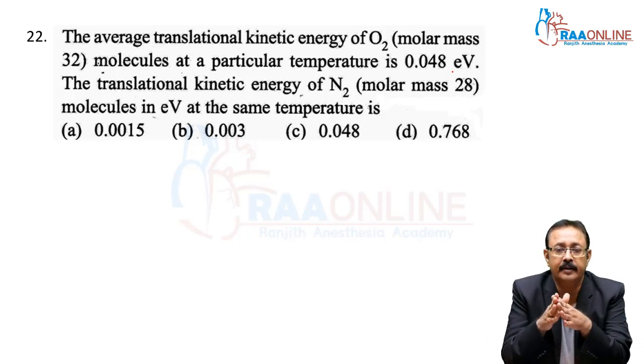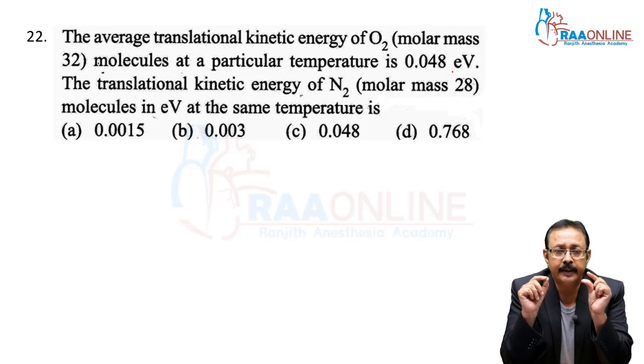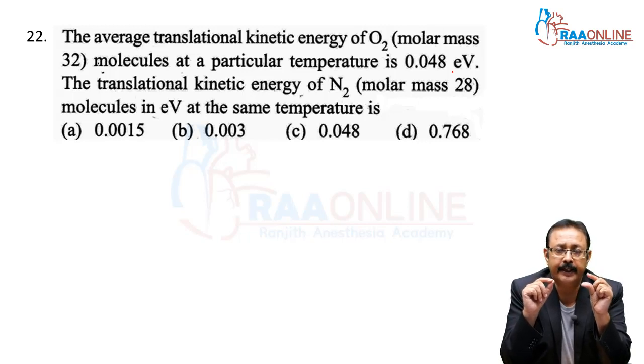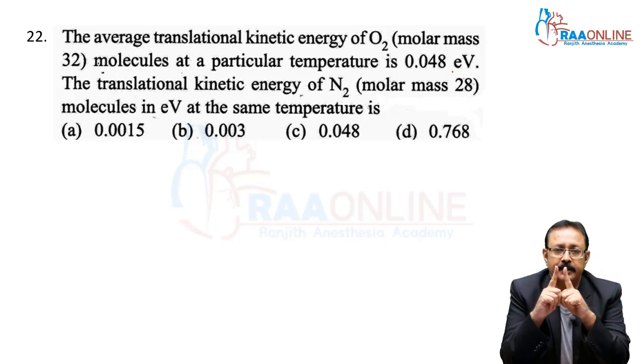We know that the energy associated with each degree of freedom is half kT. K is constant for all gases. Only T can change the kinetic energy. If T is same, energy should be same for all molecules.